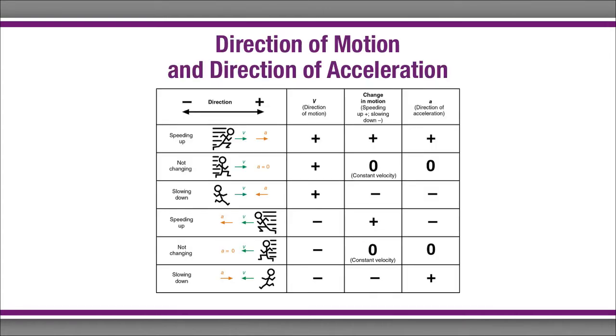Now, one thing that's important to note about acceleration is first of all indicating what your positive and minus directions are. Okay, so for this particular chart, we're going to look at positive direction being towards the right, negative being towards the left.